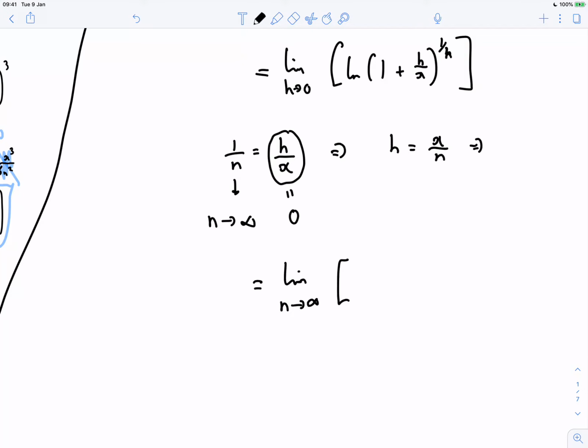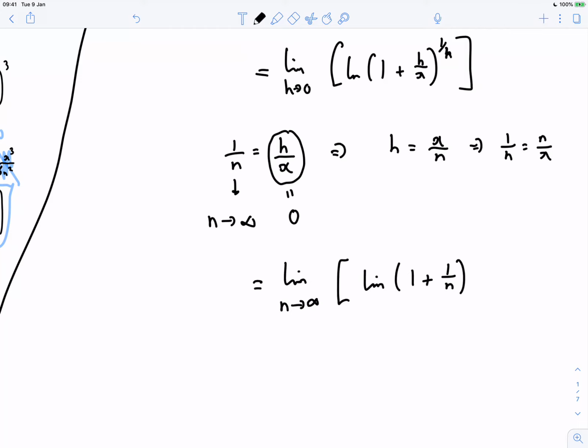So then that means 1 over h equals n over x. Is that what I wanted to show? Yes. So now I have the limit of 1 plus h over x, which I've defined to be 1 over n, and then it's to the power of 1 over h, which is the same as n over x.